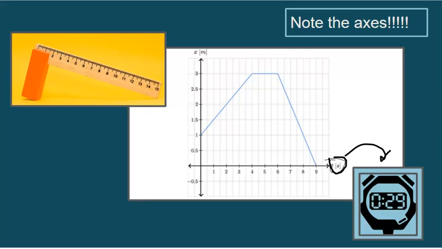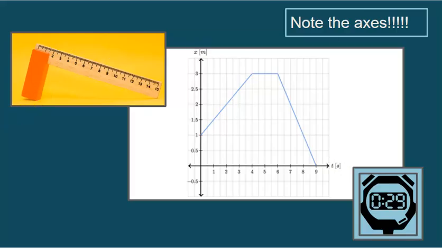So the x-axis is now time, not location, and the y-axis is now the x-axis, or the location. So you're measuring where the object is on the ruler on this scale and the time that it is there on this axis. I think that's going to make more sense as we continue to do some problems.